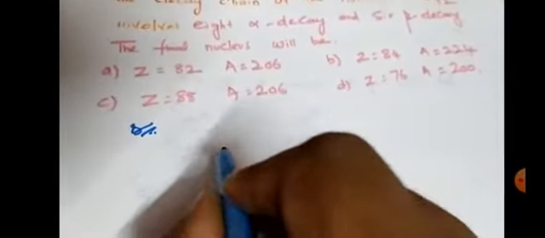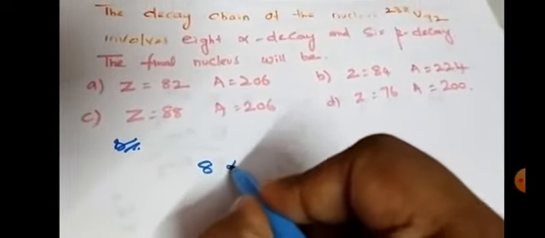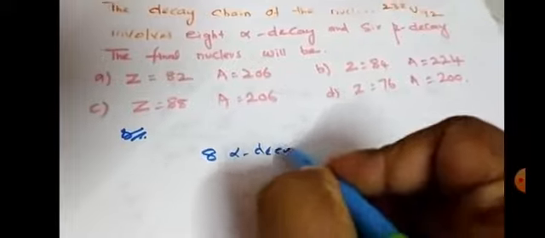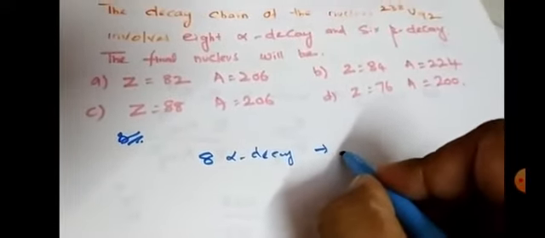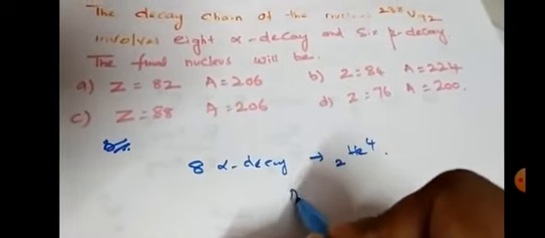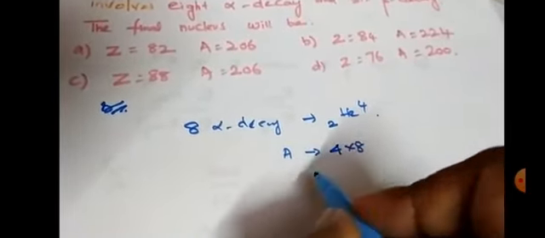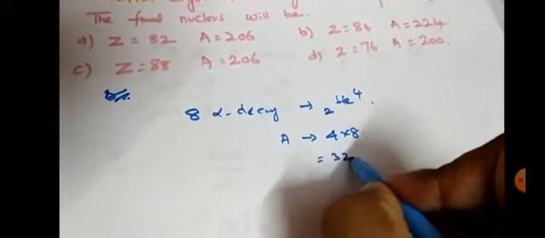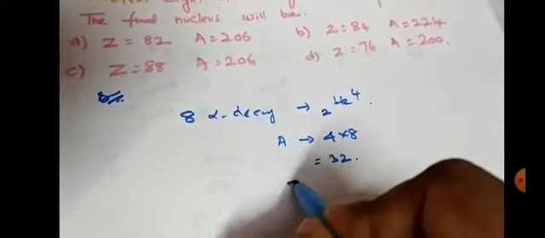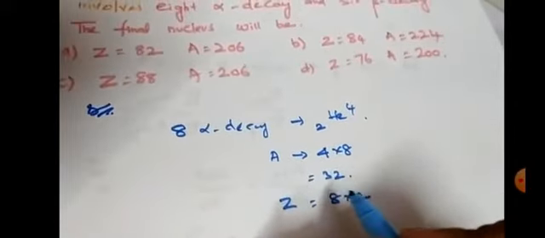Now, there are 8 alpha decays. That is 8 alpha decays means 2He4, where A is equal to 4 into 8, that is 32. And for Z, Z is equal to 8 into 2, the mass number as well as the charge number.